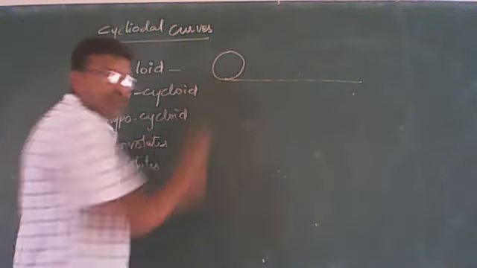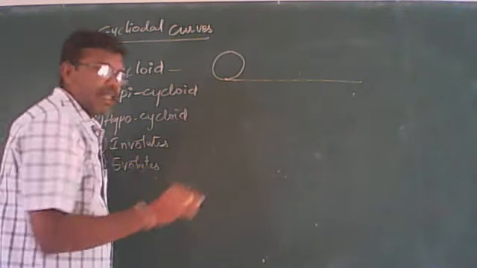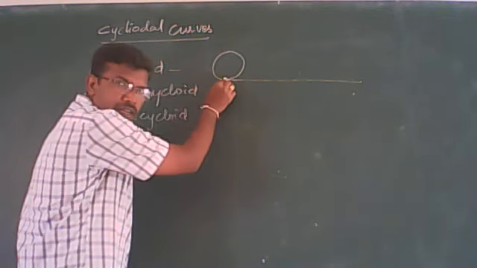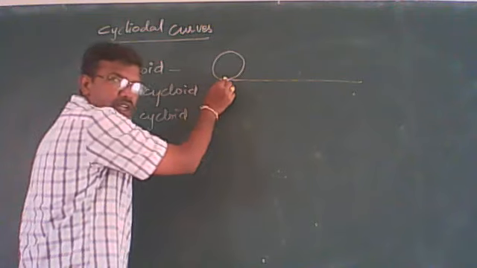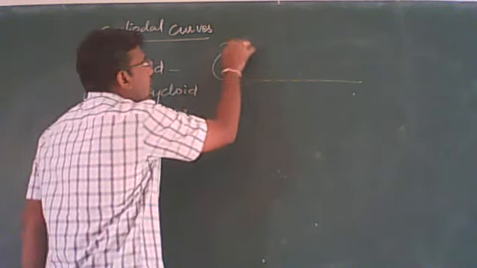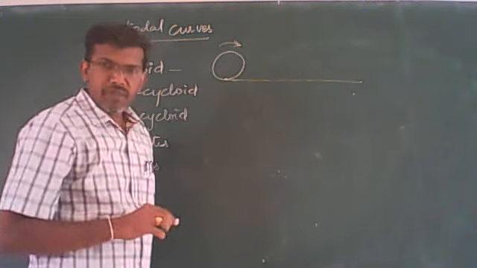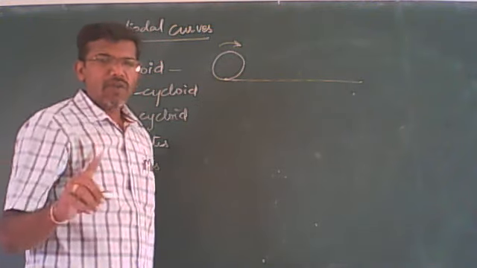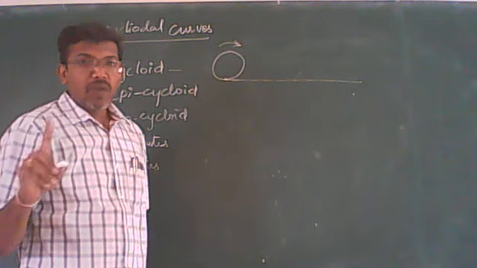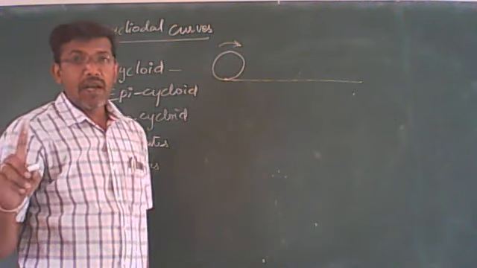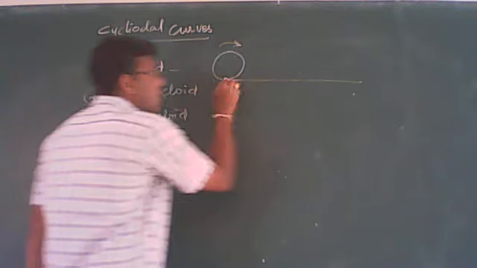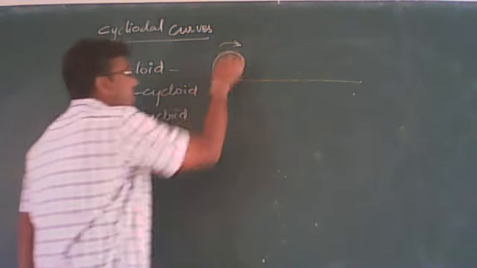The curve which is formed by the point on the circumference of the circle rotating in clockwise direction for one complete revolution without any slip on a plane surface. Now this is the plane surface, this is the circle.